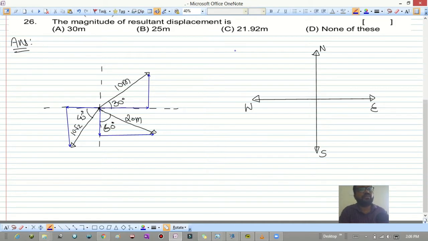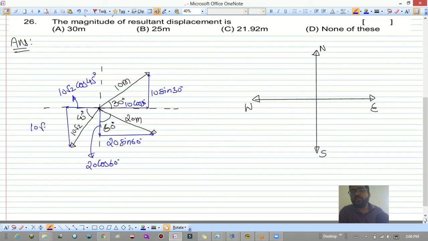So just write down the values now. 10 cos 30 is x component, y component is 10 sin 30, here 20 sin 60, 20 cos 60, 10 root 2 cos 45 degree, 10 root 2 sin 45 degree.